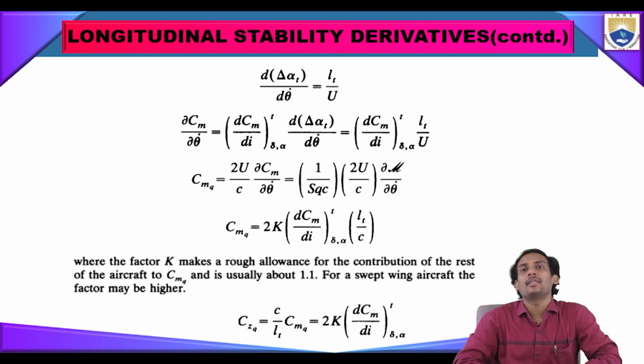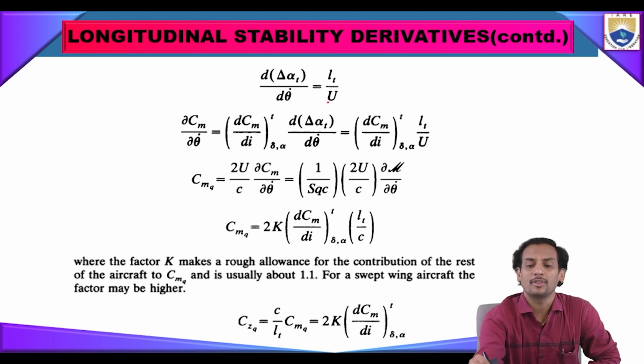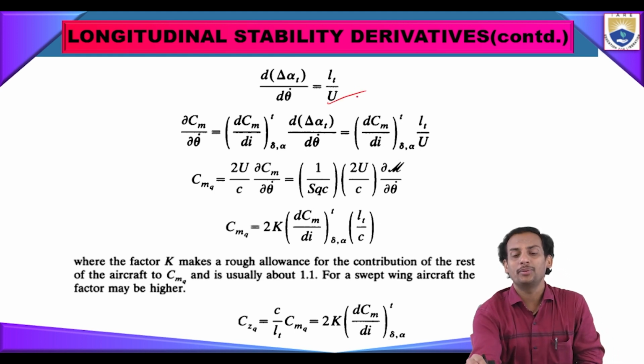So the d alpha t, if you derive that one, what will it be? Again, with respect to d theta, if you do the differentiation, then lt by u only will be there. So again, dCm by d theta dot will be like what? Again, do that. So dCm by d-eye-t into d alpha t by d theta dot will be equal to dCm by d-eye-t into lt by u.